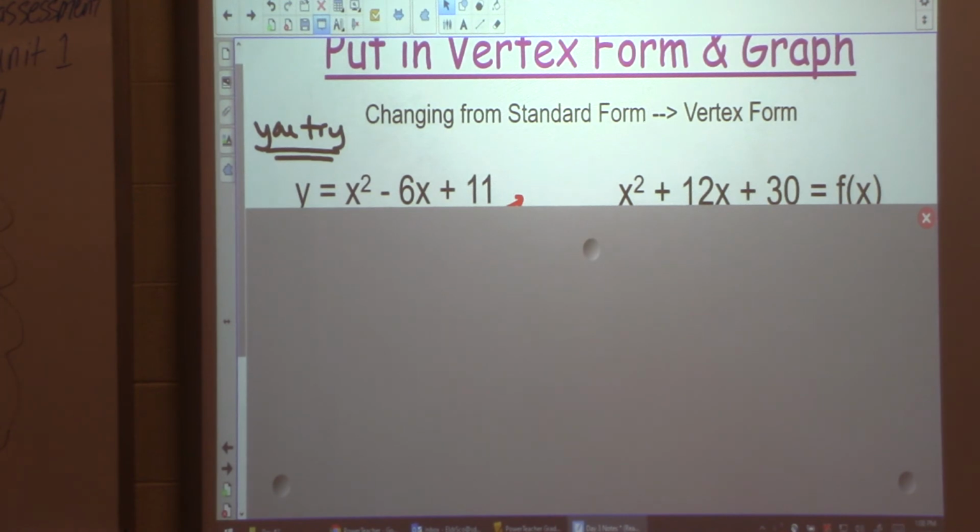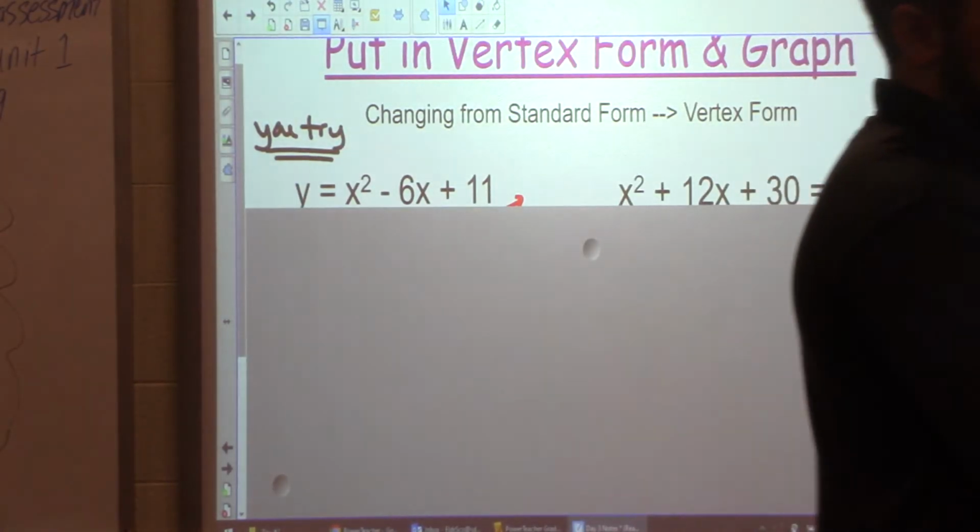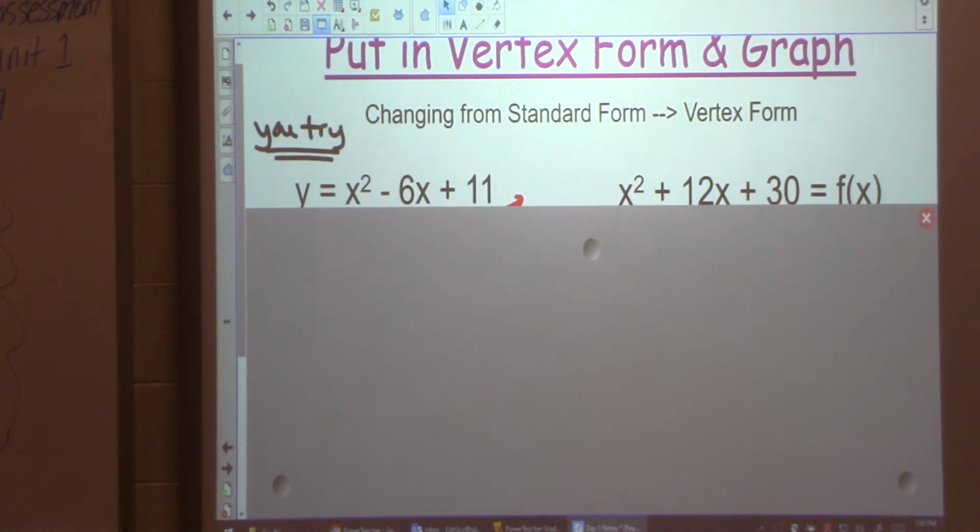Remember guys, once we get our final answer, it should be in the form a times x minus h squared plus k. And we want to condense it down into that one term squared plus k.